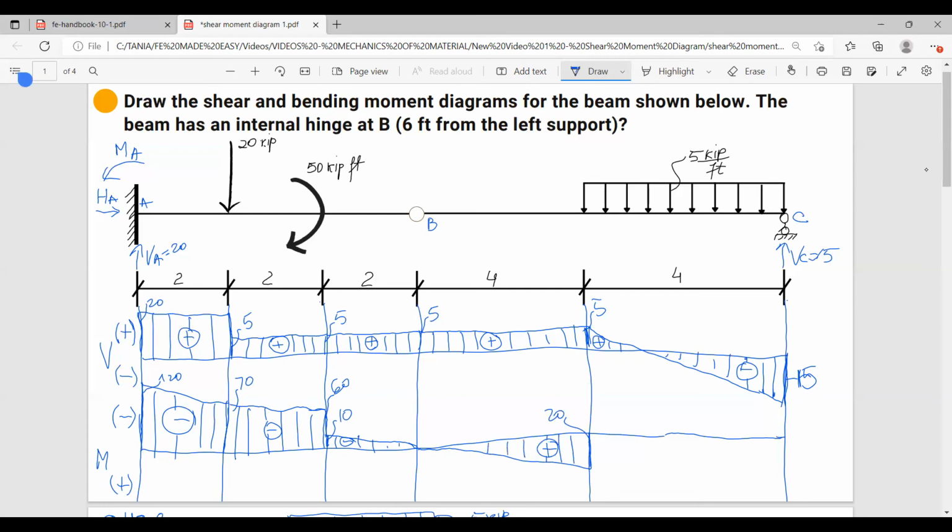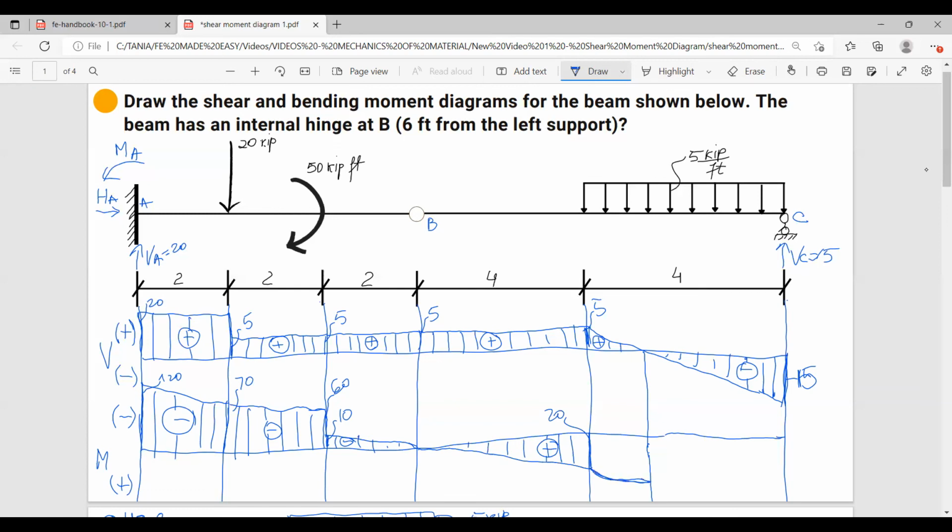Here it is. And remember, when you have the shear diagram intersecting like this, we're gonna have a minimum or a maximum moment. So you have to draw a line here. And then this was 2.5, and it was going from big to small, which means if you think of a slope, you're gonna go fast and then slow.